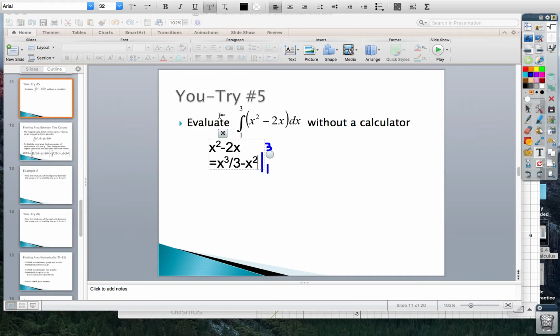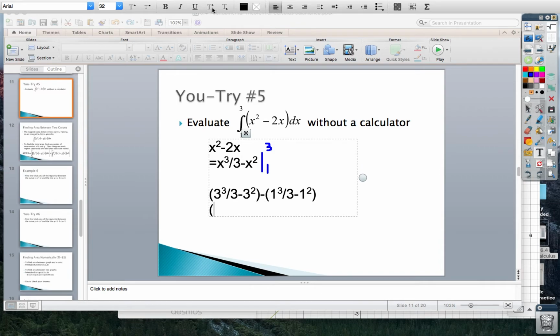So what that means here is that we're substituting. We're going to end up having 3 to the third power divided by 3 minus 3 to the second power. Notice I just substituted the 3 into each x, minus, because now we have to subtract the lower limit, minus 1 to the third power divided by 3 minus 1 to the second power.